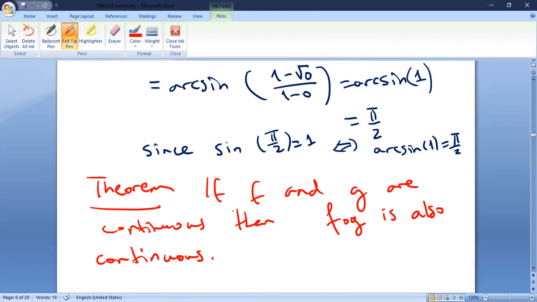So I should rather say this: if f and g are continuous at a and f of a respectively, then f composition g is continuous at a. Okay.